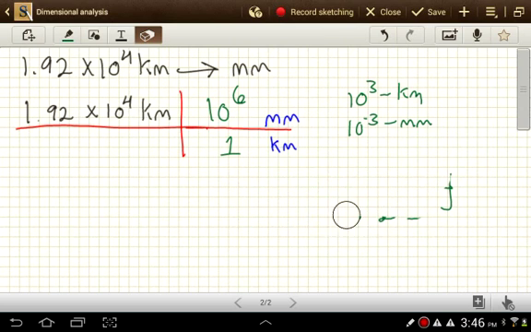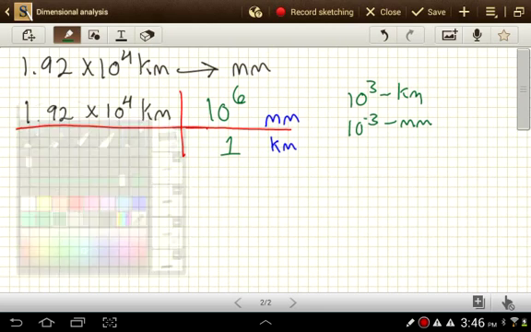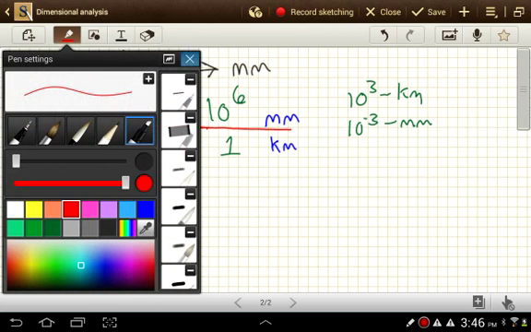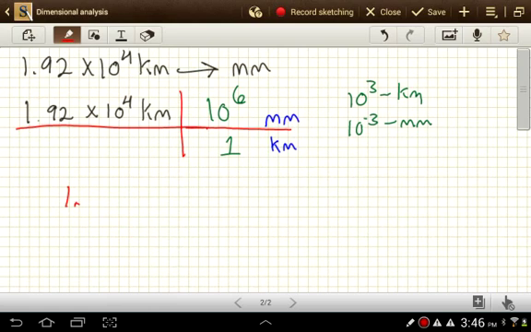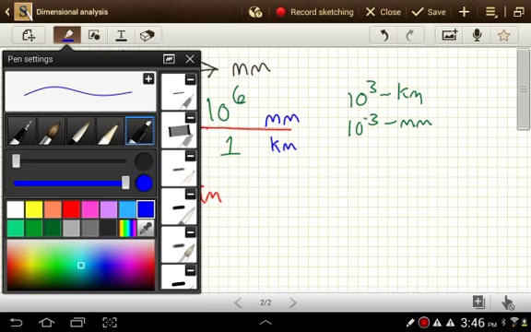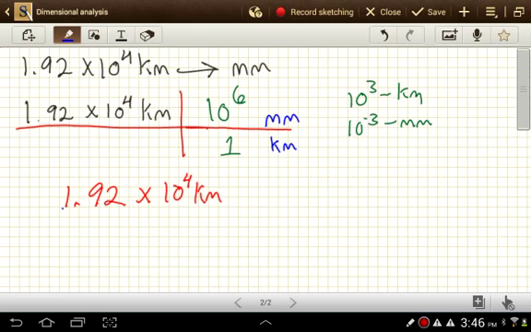Let me erase this out so we can have room for this. So I go ahead and do my math. In my math, what I'm making sure to do is multiply 1.92 times 10 to the 4th kilometers, and we're going to go ahead and put a little fraction bar over, if you will, times 10 to the 6 millimeters.